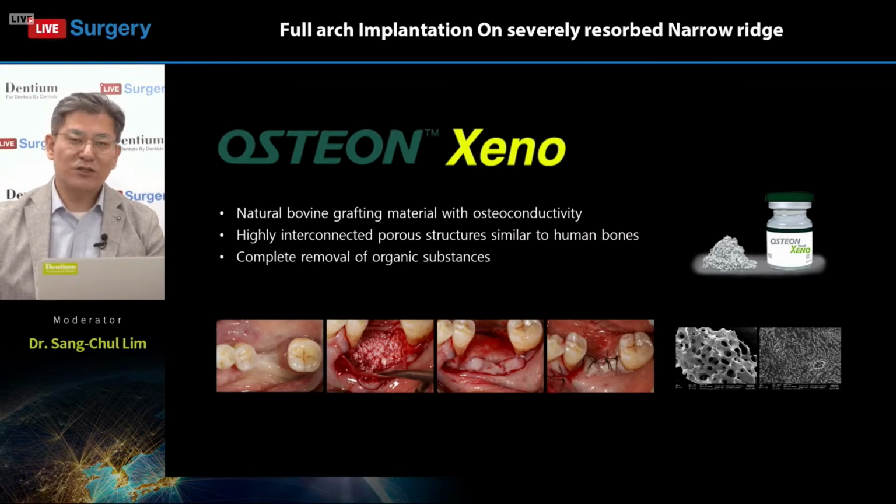The alloplastic material is just a filler, working like a filler, right? However, the xenograft works more than alloplastic material. So we can expect better new bone formation using this kind of xenograft material instead of alloplastic material.